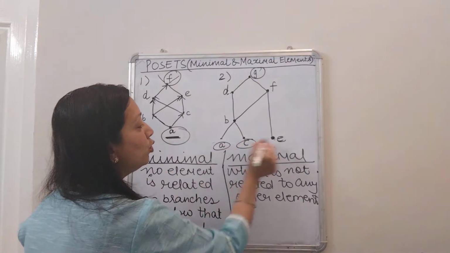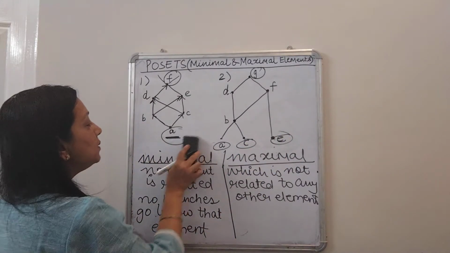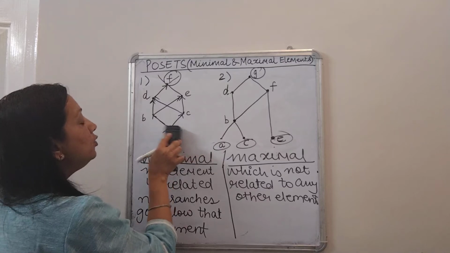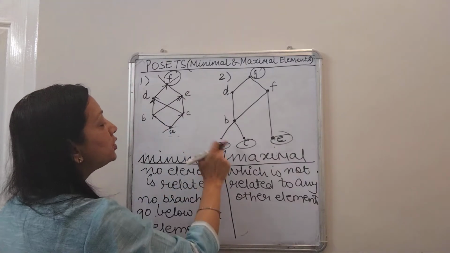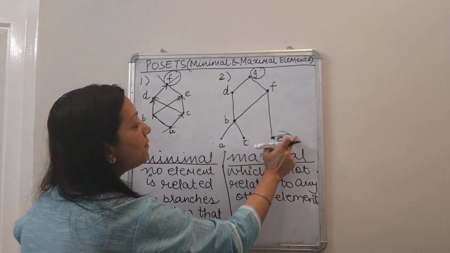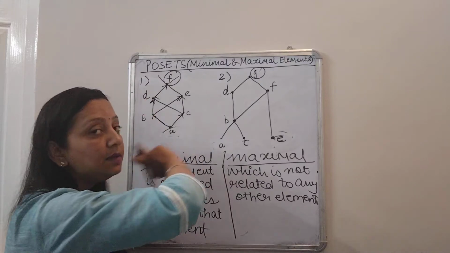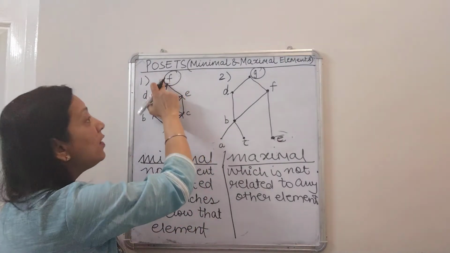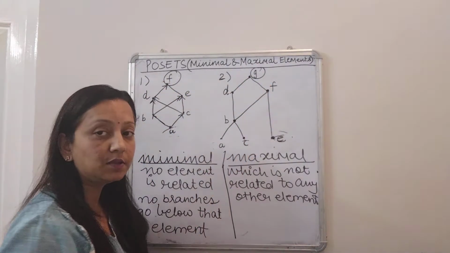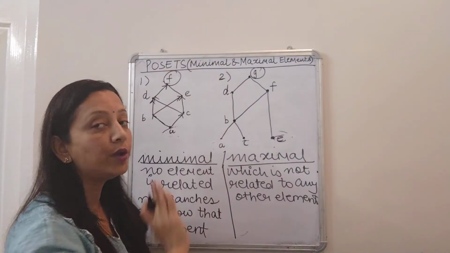Same here also, there are no branches going down from A, C and E. And if I talk of a maximal element, you can see that there are no branches going upwards from that element. Like here F is the maximal element, so you cannot see any branches going upwards from F.